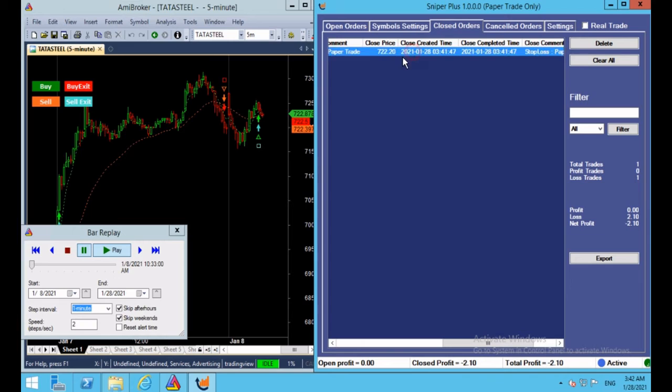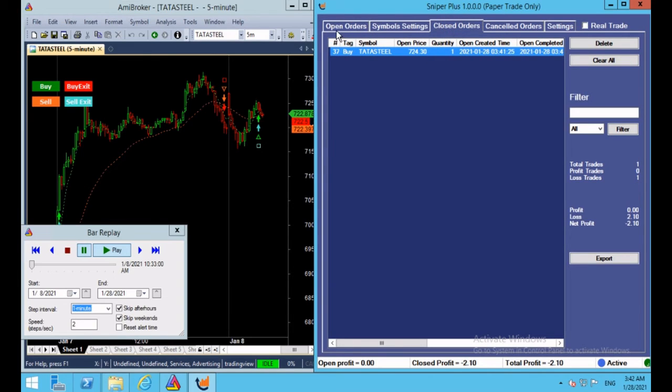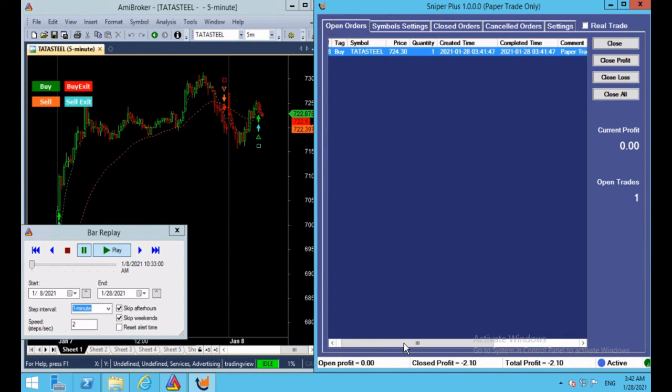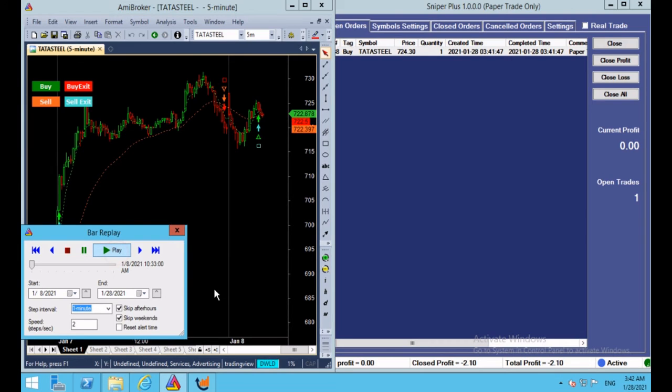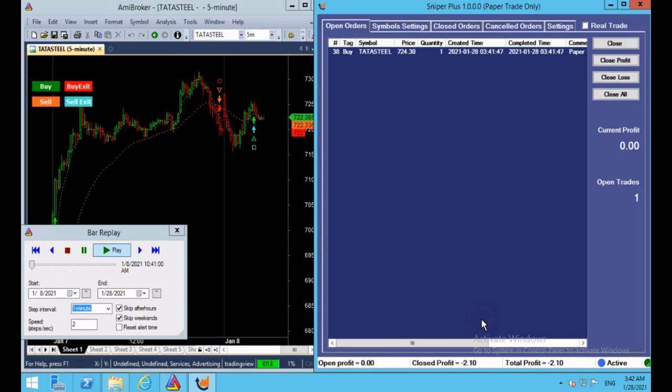Now 722 is the buy price; the opening price is 724. The same price has been placed here, we can see, and it is waiting for the breakout.